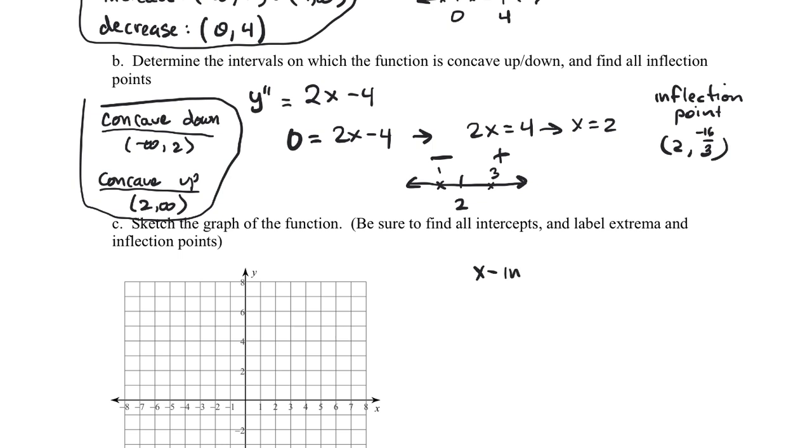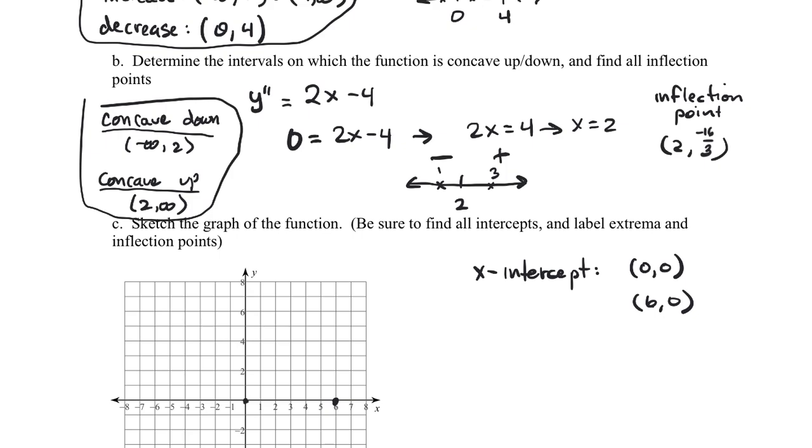So x-intercepts when x equals 0 and when x equals 6. And this point 0, 0, which was one of our relative max values, also counts as our y-intercept.